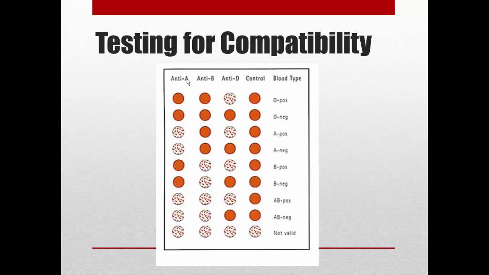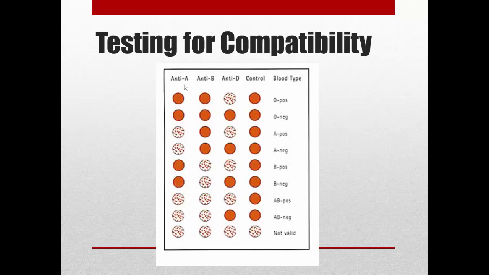So since there's no clumping with the A antibodies, there must not be A antigens. And since it didn't clump with the B antibodies, there's no B antigens. But the Rh antibodies caused the blood to clump, which means those Rh antibodies must have bound up with the Rh antigens. So I know there's no A or B antigens, so it's O, but I know there are Rh antigens, so the person's positive. And then we can do that for any scenario.